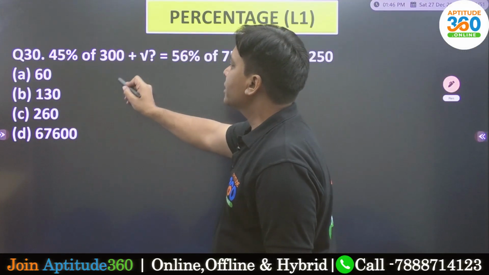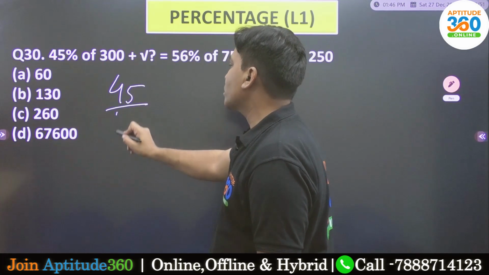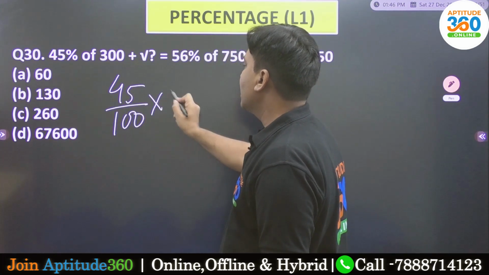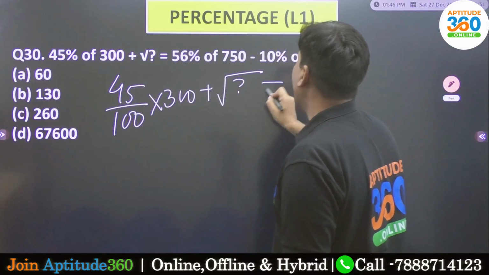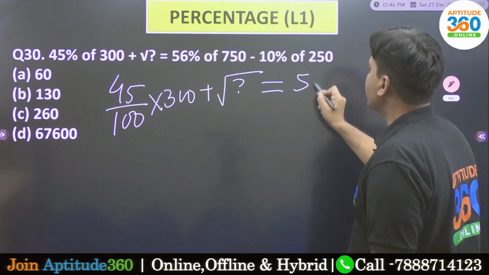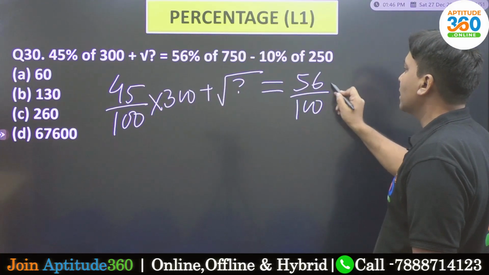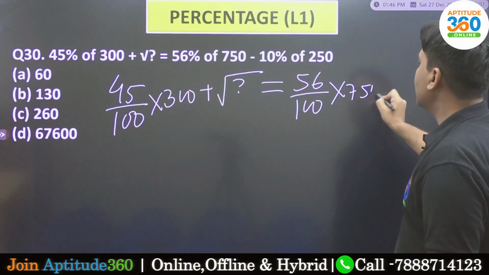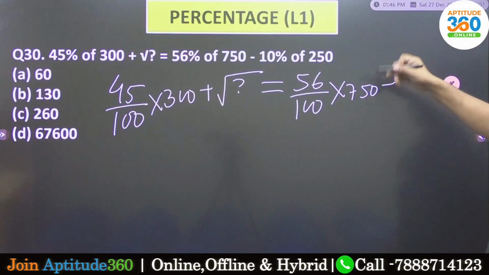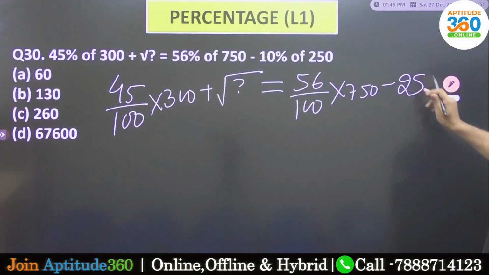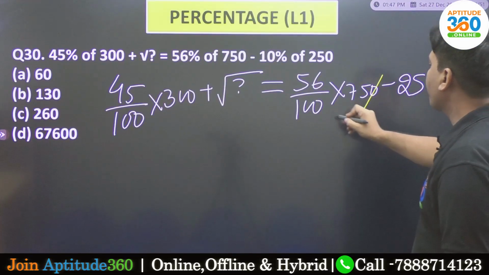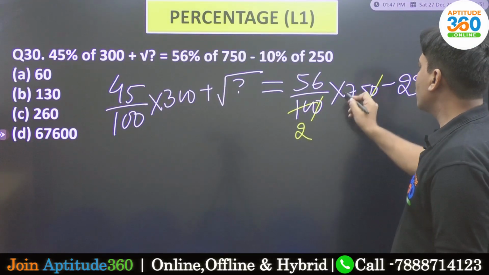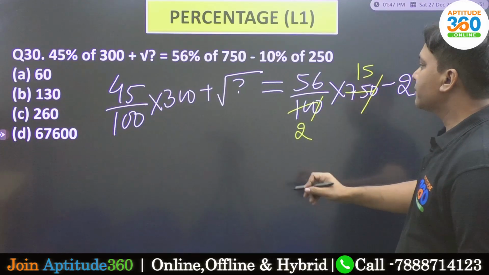45% of 300. So 45% of 300 is what? 45 divided by 100 into 300 plus square root of the number. Now this is 56 upon 100 into 750 minus 10% of 250 is 25. 5 into 2, 15 into 5.